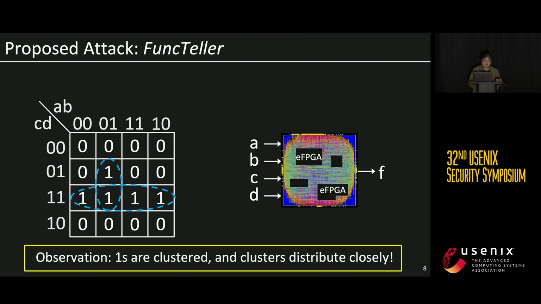From this example, we have 2 observations. The first observation is that many of the input patterns resulting in output 1 are clustered together. The second observation is that we collect 2 clusters, and multiple clusters are clustered closely together.